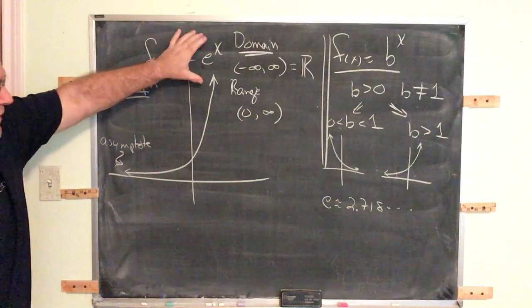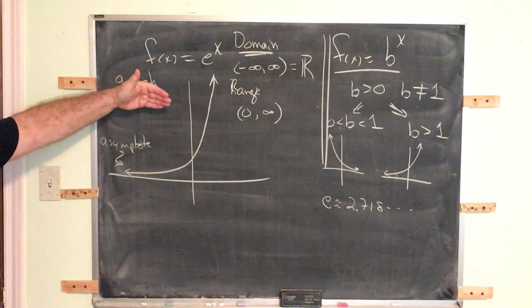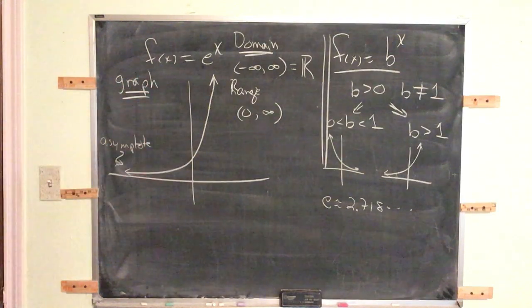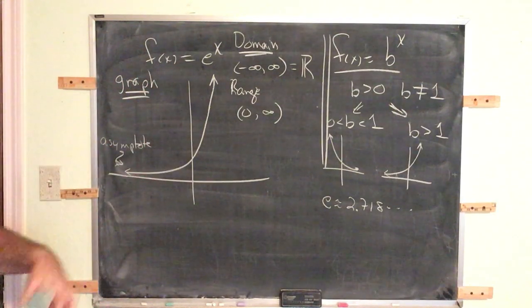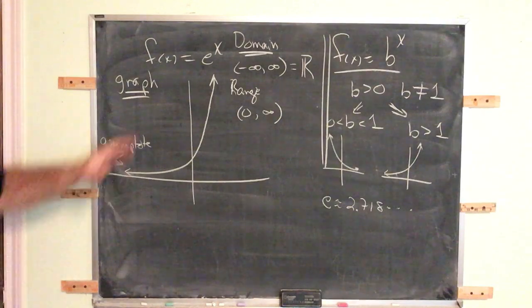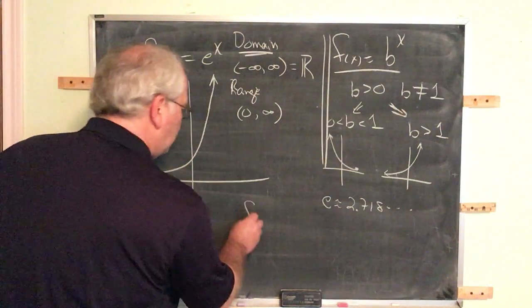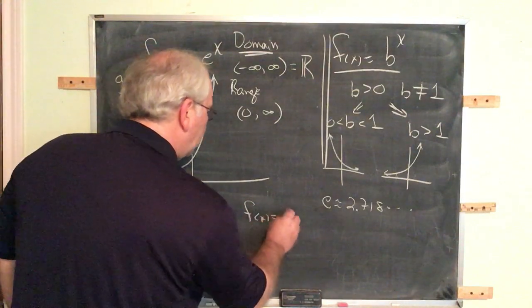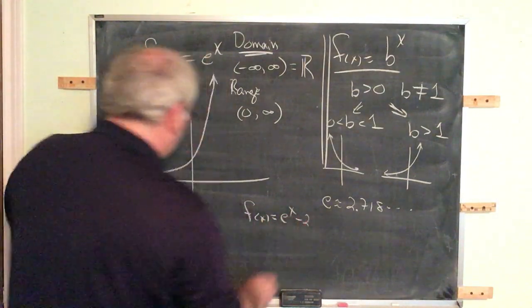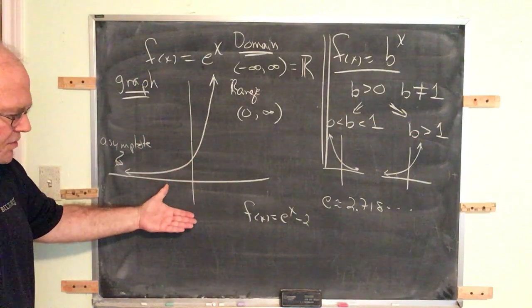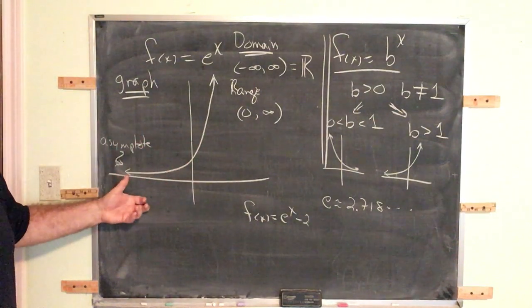Now, if we take this graph and shift it downward, we know that when you add or subtract a quantity outside this primary function, that corresponds to a vertical shift. And so certainly, if you take f of x equals e to the x minus 2, that would shift this graph down 2 units, and then yes, it would have an x-intercept.